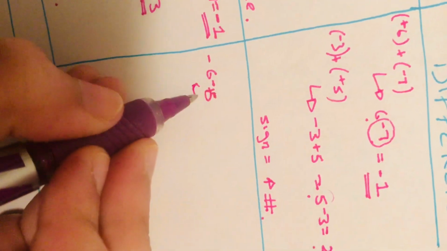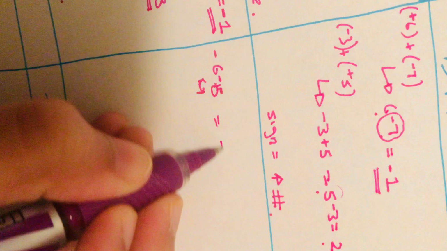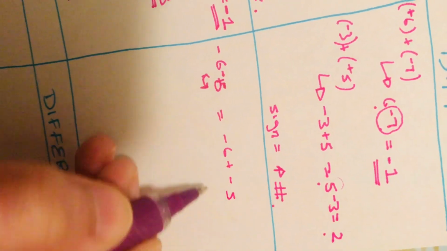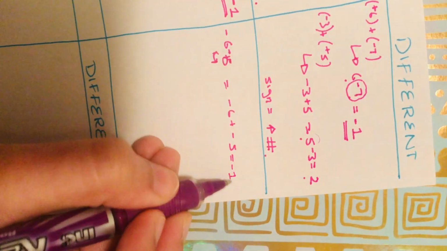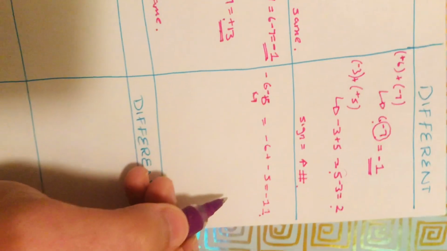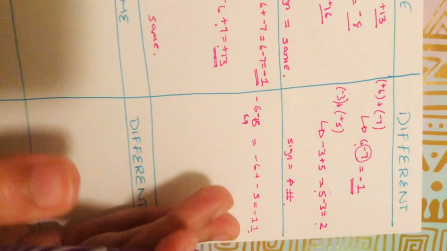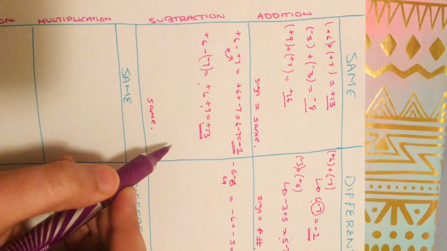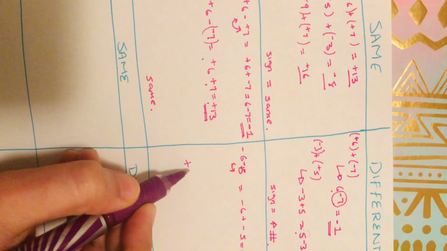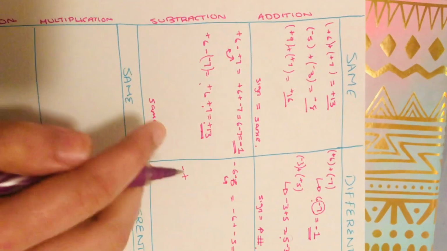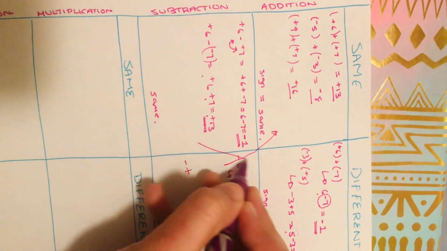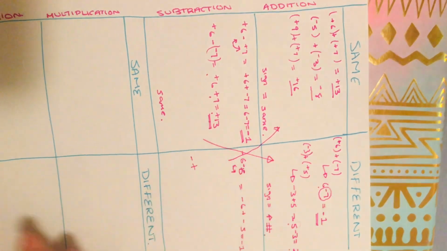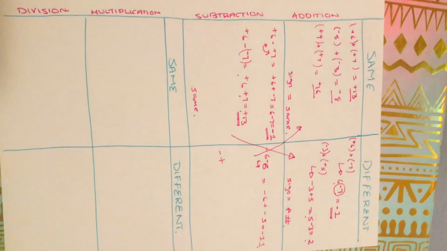So you need to interchange them. You get negative 6 plus minus 5, and then it becomes addition. Since the signs are the same, it's going to be negative 11. If you have noticed something, because the signs interchange every time for subtraction, this rule actually goes here and this rule goes right here. So it's kind of interchanging, right?